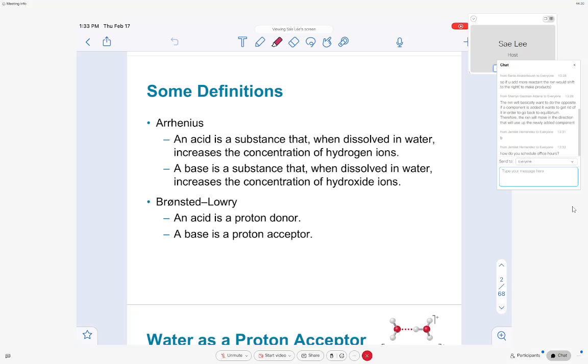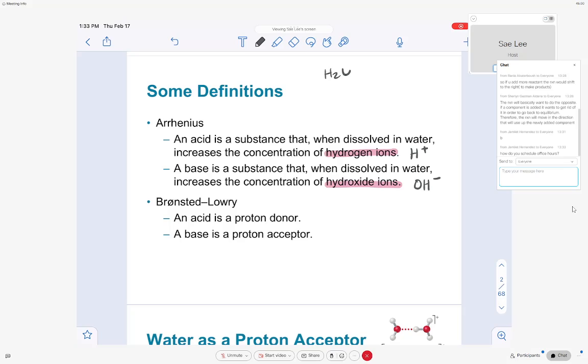A base is a substance that increases the concentration of hydroxide ions when dissolved in water. This is hydrogen ions. This is hydroxide ions.